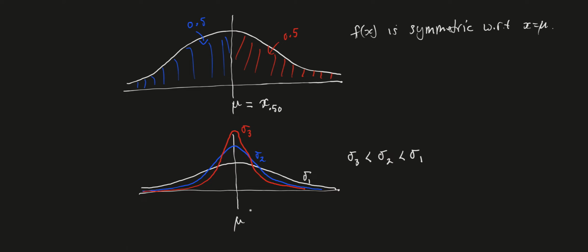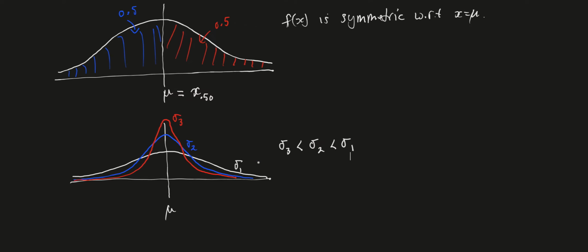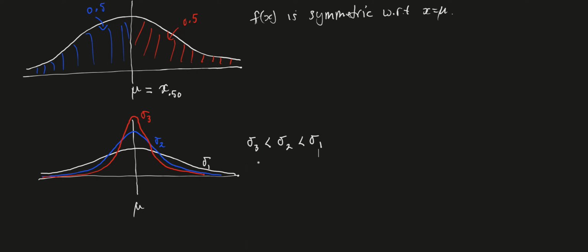Now, changing the mean, you're essentially just shifting along your x-axis. So if you have two Gaussians with roughly the same standard deviation but different means, you might have something like this.